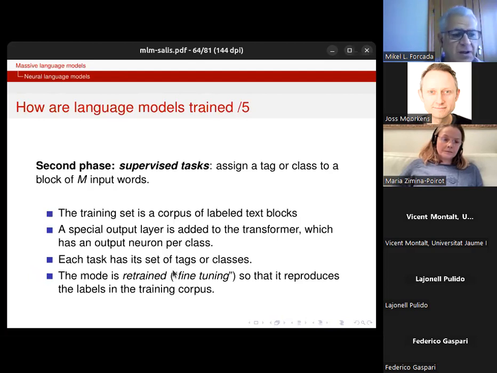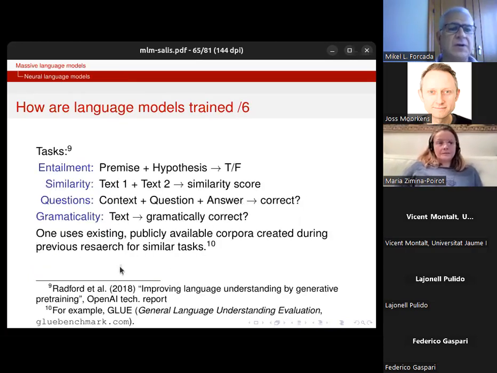So after training it to predict the next word in the first phase, in the second phase you ask it to produce labels for tasks like this. For example, your text block contains a premise, some delimiter, and a hypothesis, and you ask it, is this hypothesis true or false, based on that premise. That would be an entailment task.